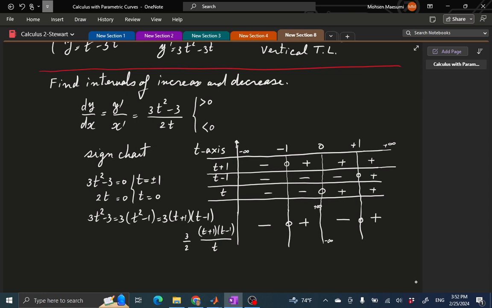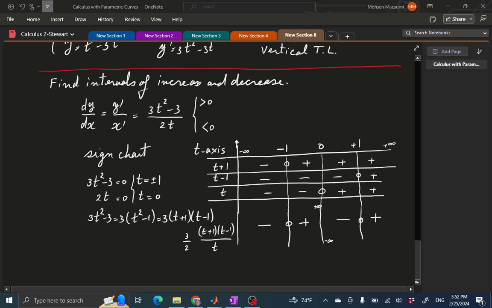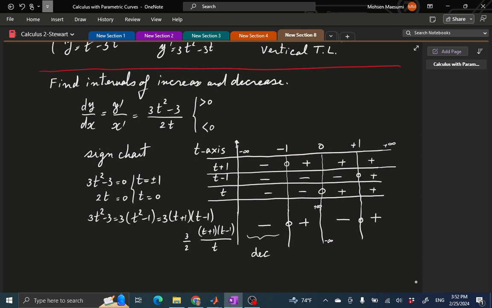What do we get out of that? What we get is that the curve is going to be showing y is going to be decreasing versus x. This means decreasing. So let's write decreasing. For this set of numbers from minus infinity to minus 1, that curve shows a decrease.